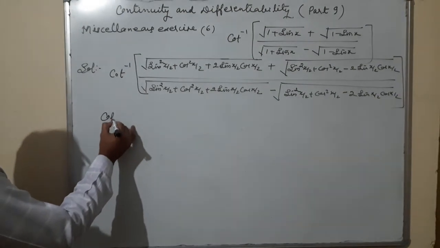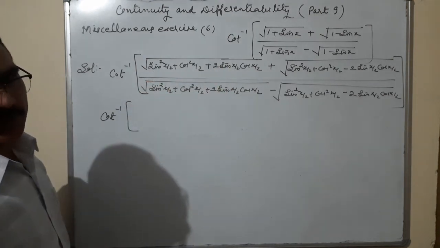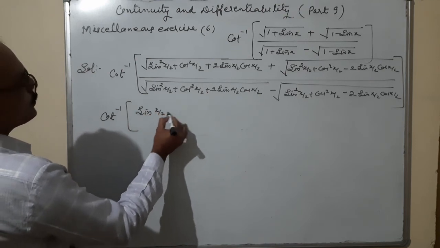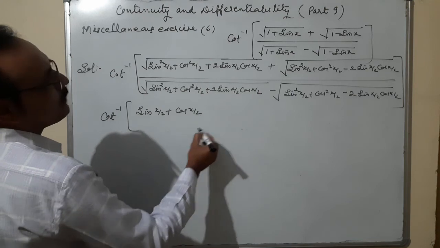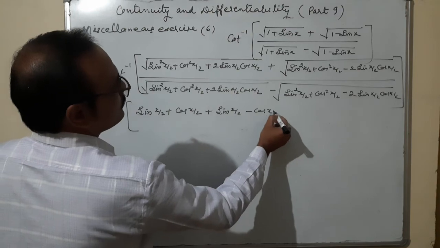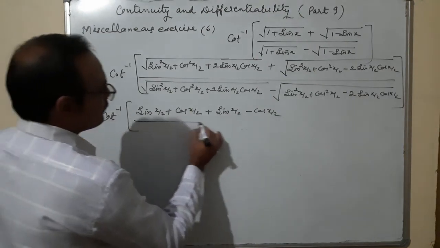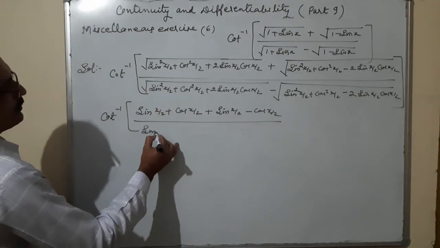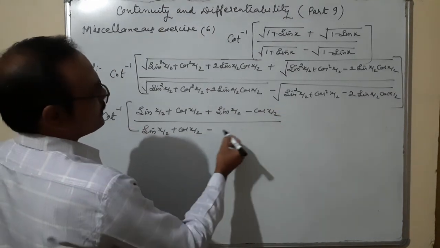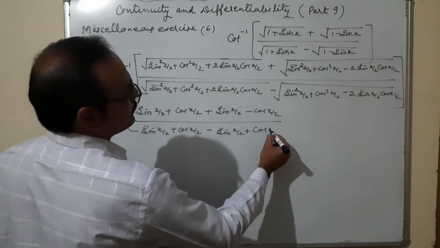After that, cot inverse, that is sin x by 2 plus cos x by 2 whole square, and the whole square will be cancelled by the root. So I will write here directly sin x by 2 plus cos x by 2, plus sin x by 2 minus cos x by 2, because it is a square plus b square minus 2ab, that is a minus b whole square, upon sin x by 2 plus cos x by 2 minus sin x by 2, and minus minus is plus cos x by 2.